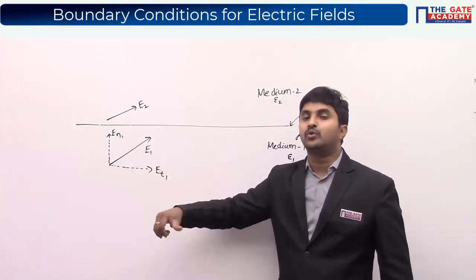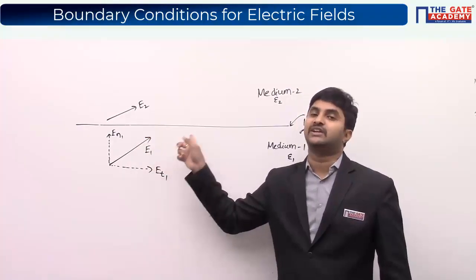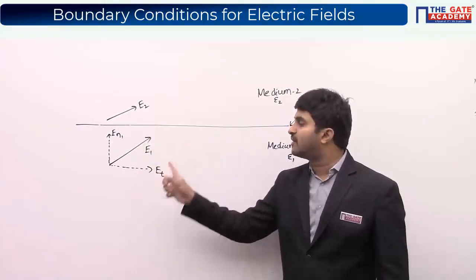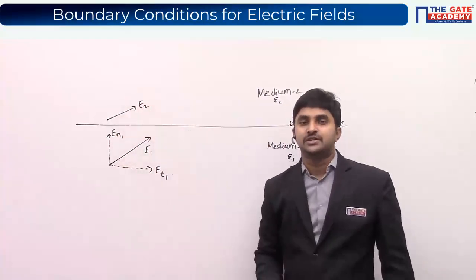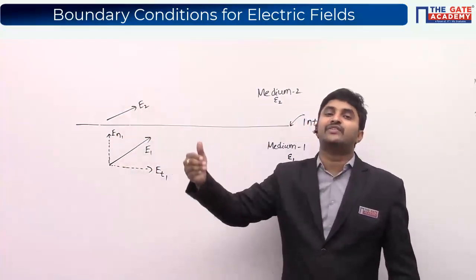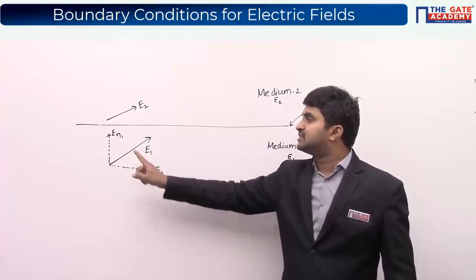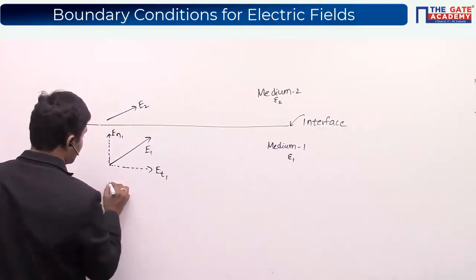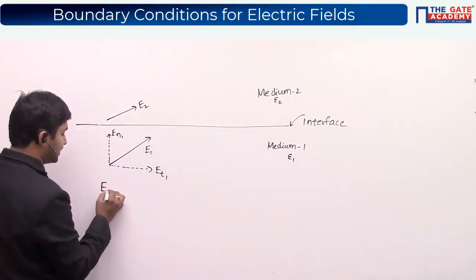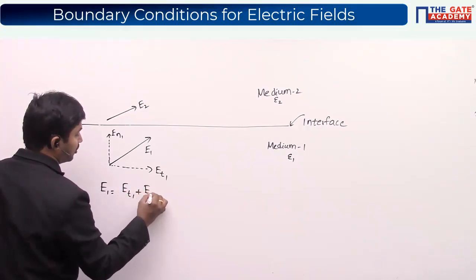What would be the tangential component and normal component is purely dependent upon the interface, because we are talking about a tangential component to the interface and a normal component to the interface. So based on the different interfaces that we are taking, we will have different values of the tangential component and the normal component. Here we are dividing the electric field E1 into two parts: the tangential component and the normal component.